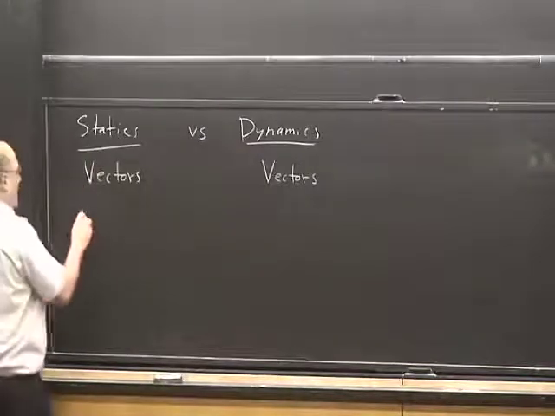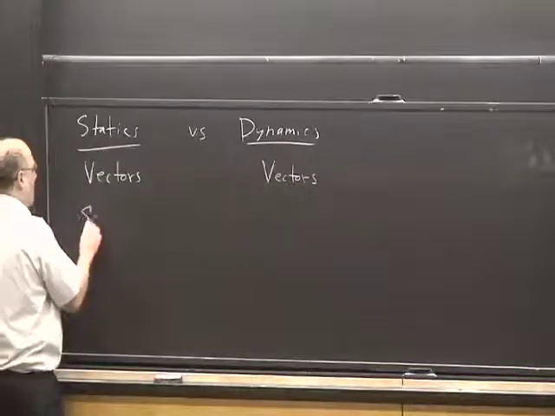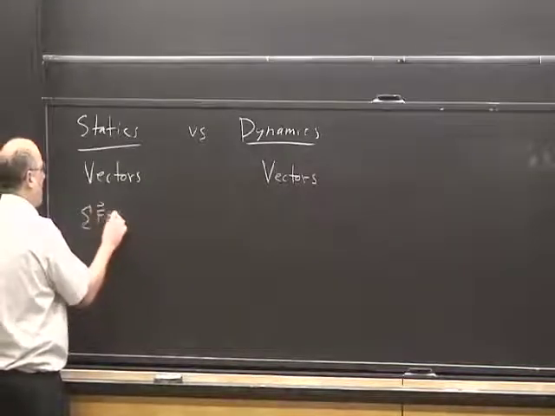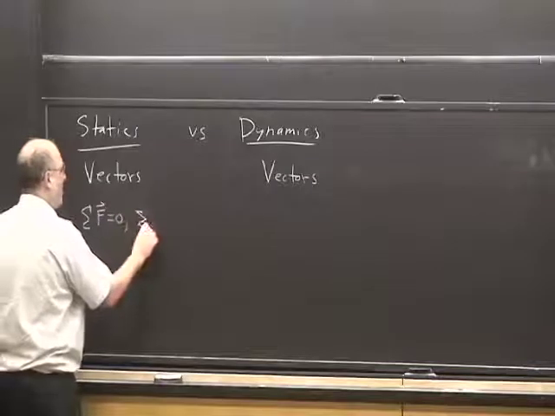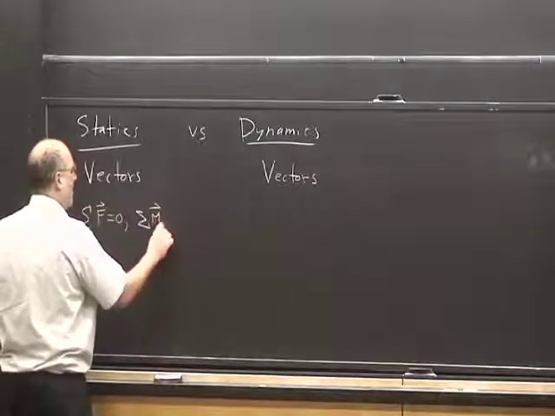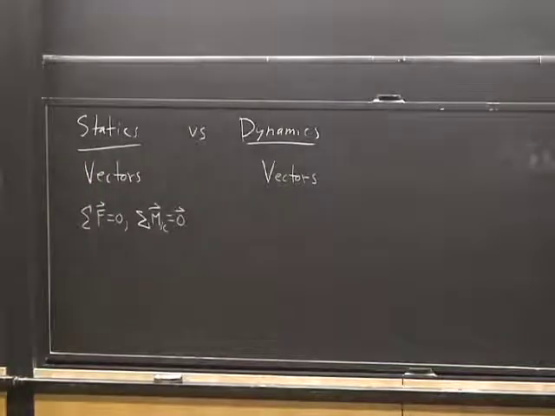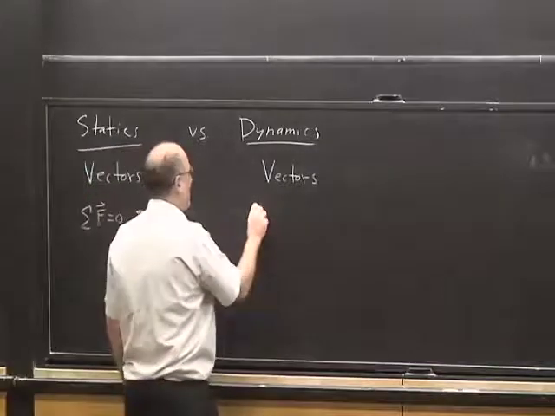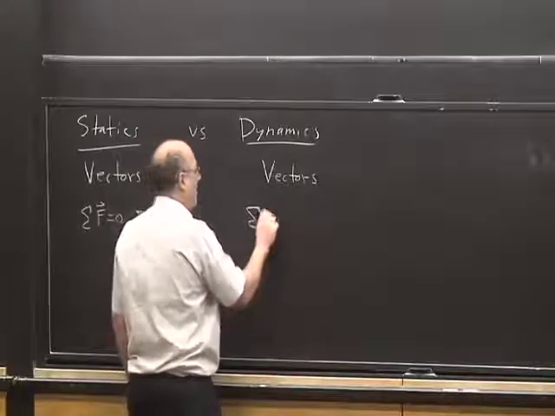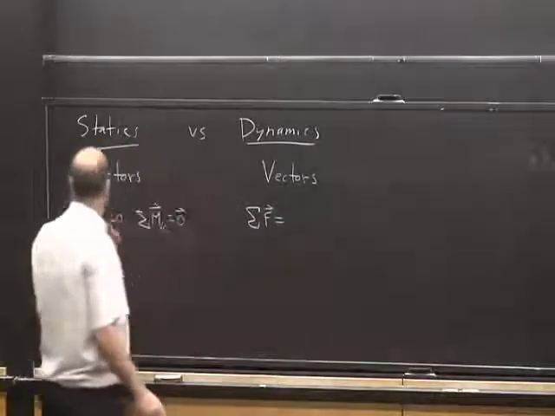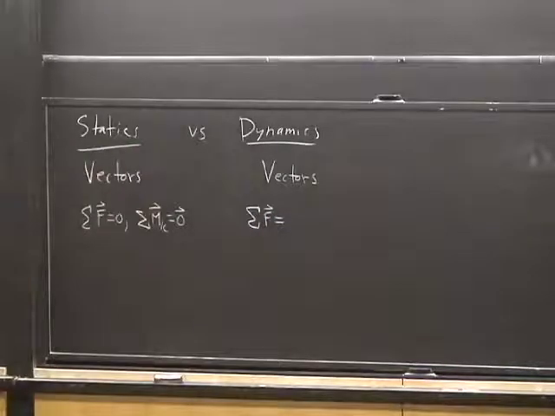Now, in statics, our basic equations were that the sum of forces is equal to 0, and the sum of moments, say relative to some point, is equal to 0. And in dynamics, what we have is that the forces do not balance. So in statics, we call this force balance, meaning the forces have to add to 0.